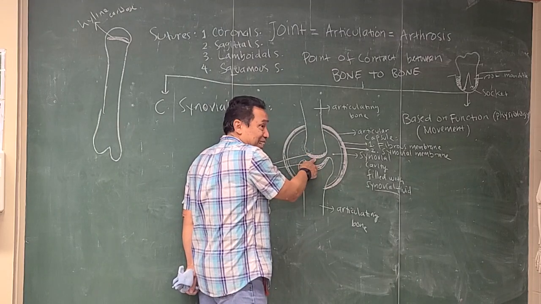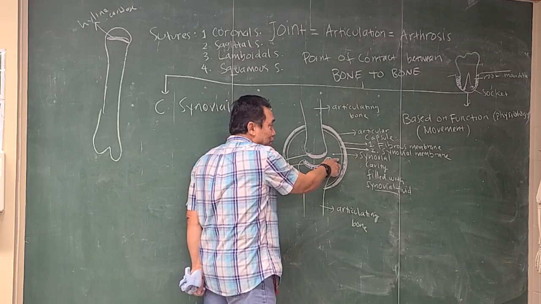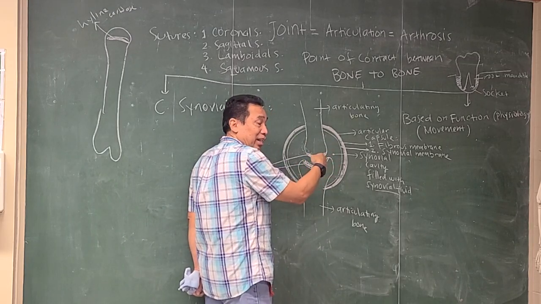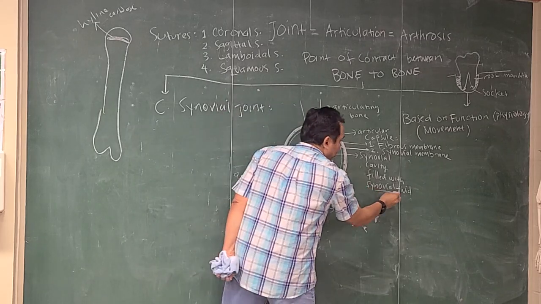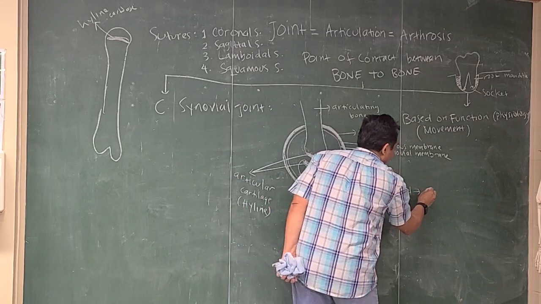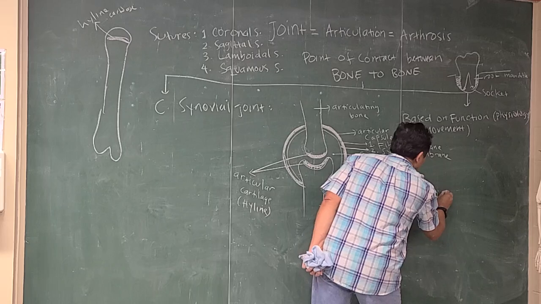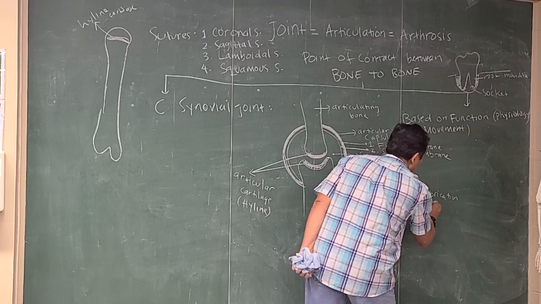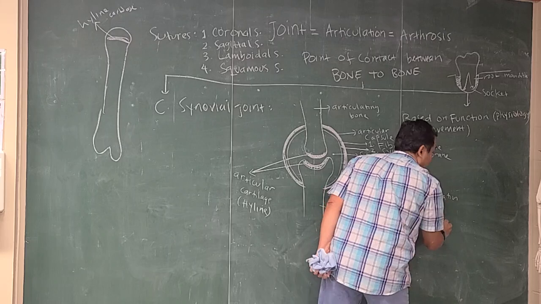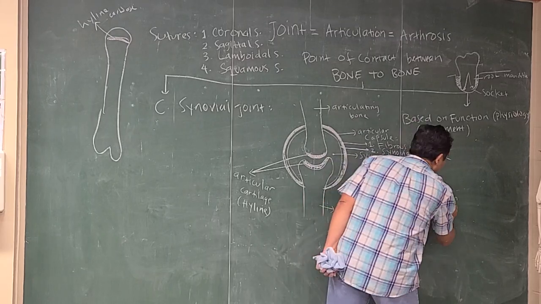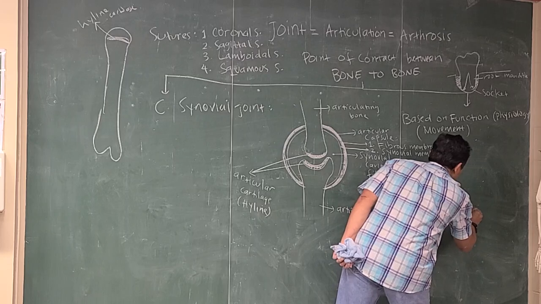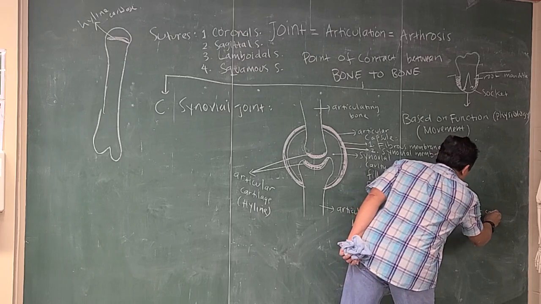Now what happens when we get older? We don't produce synovial fluid anymore. It's kind of less production. The first function of synovial fluid is lubrication. The second function is to feed or give nutrition to the articular cartilage.